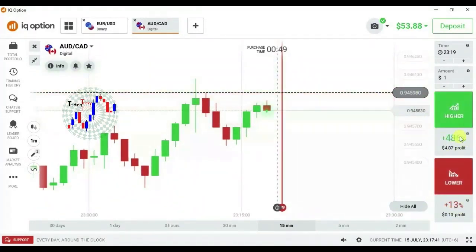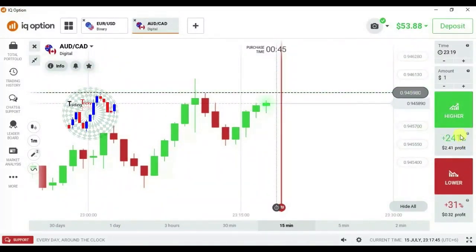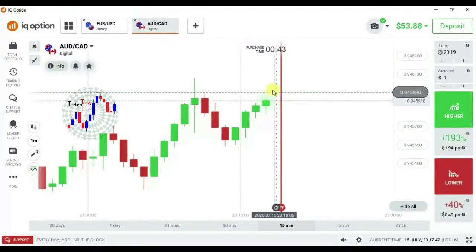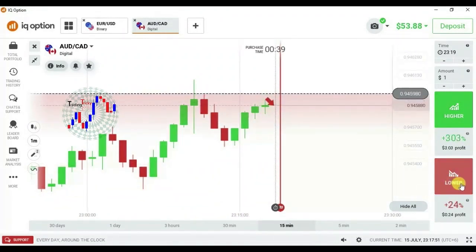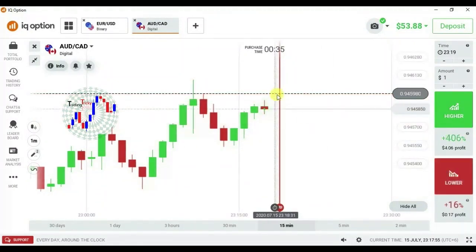See, if you go higher at this price, they will give you 268% if the candle closes above this level. But you can place the lower option here. If the candle closes below this level, you will get this much profit.